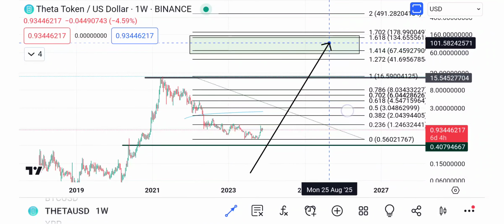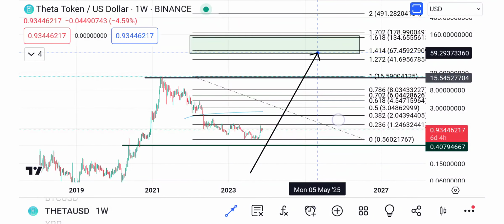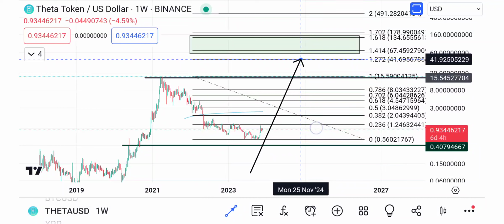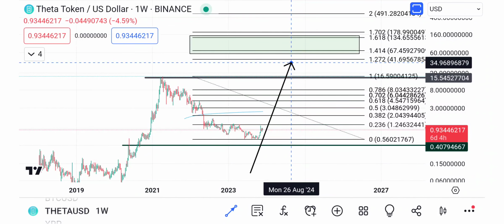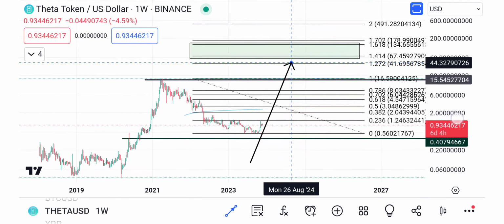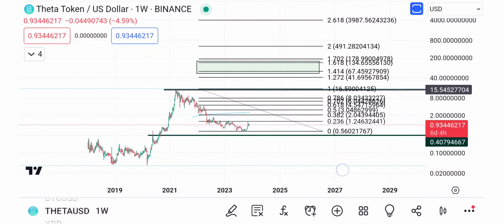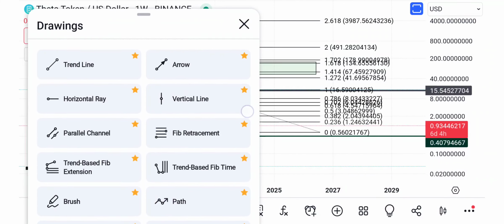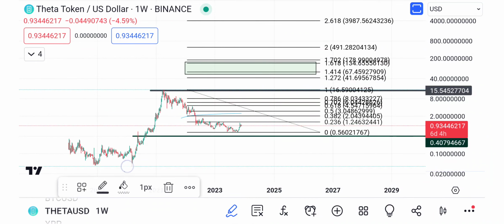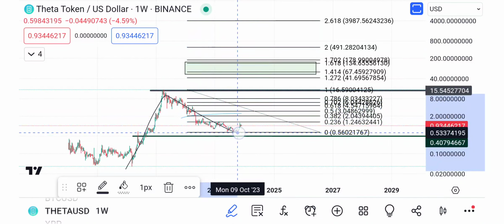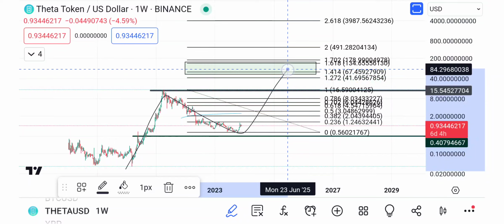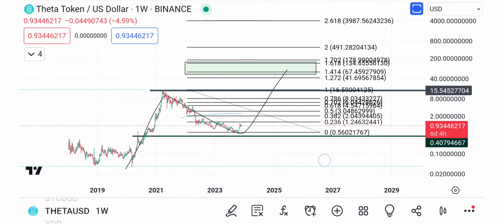So that's the deal. I know it's very hard to think about Theta hitting $100, and it is, but at the same time, if you take this off, this is all symmetrical. 1, 2, 3. Doesn't that look even to you?